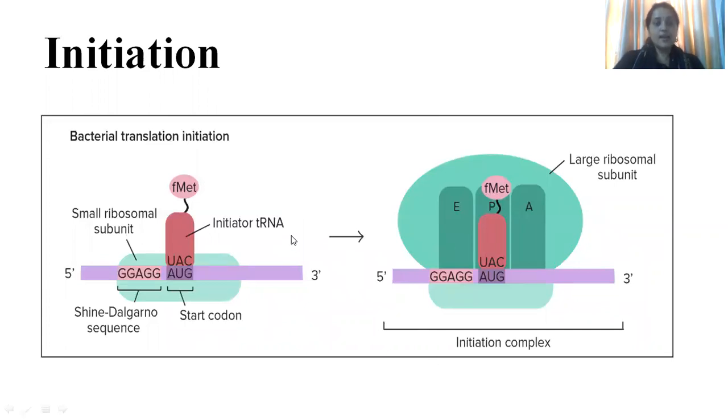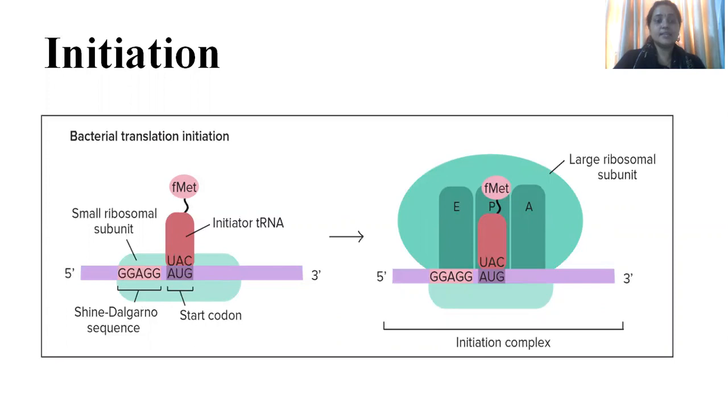Now see, when this fMet tRNA, that is formyl methionine tRNA, known as the initiator tRNA, attaches with the AUG, that is the start codon. This AUG is just after the Shine-Dalgarno sequence, also known as the leader sequence. I already explained during transcription and translation part 1 that the Shine-Dalgarno sequence, the leader sequence, is not translated, only transcribed.